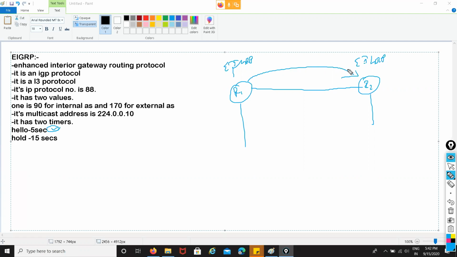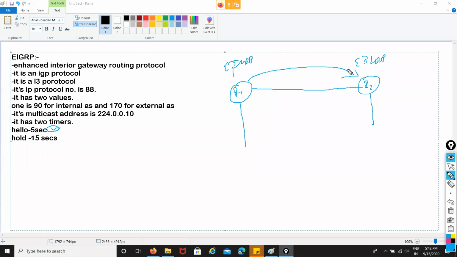After the neighborship is formed, it also sends these packets continuously every 5 seconds to check whether the connection is active. That's why it shares packets named hello packets every 5 seconds.